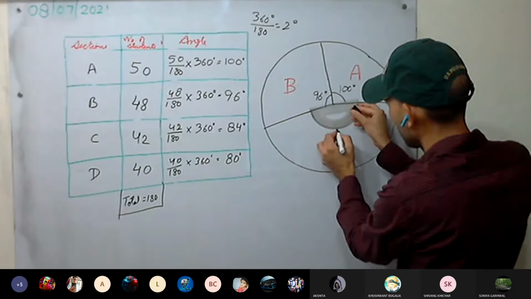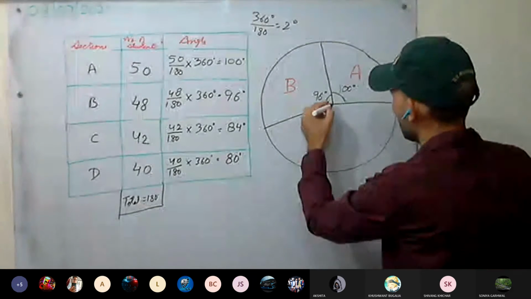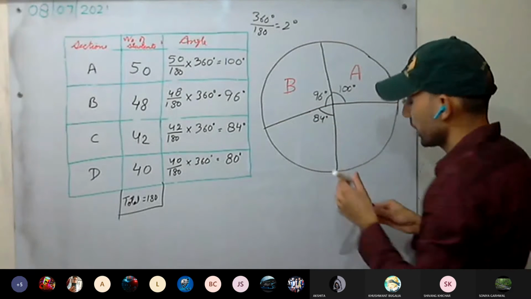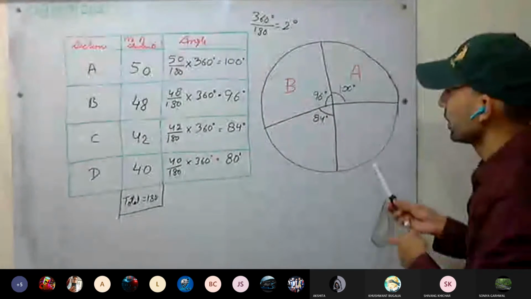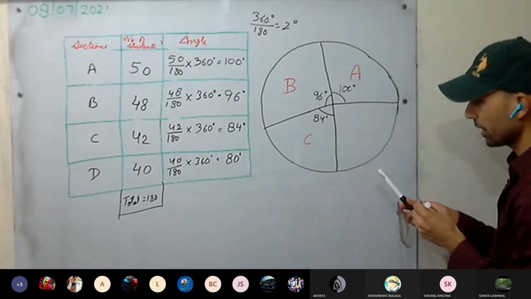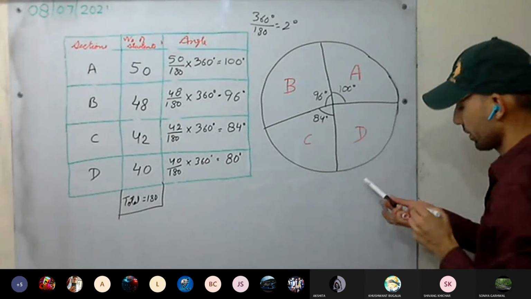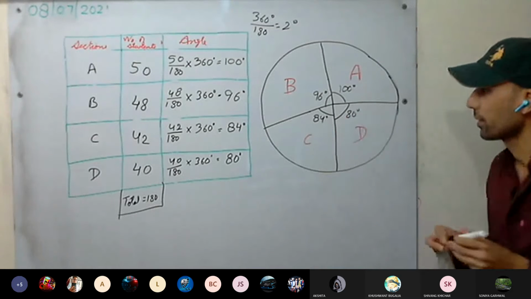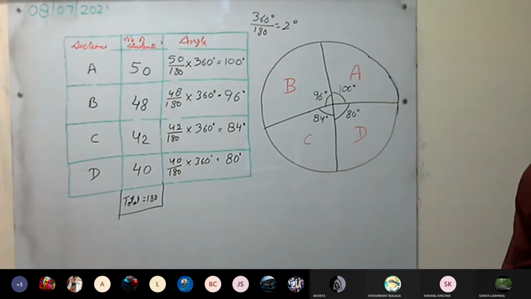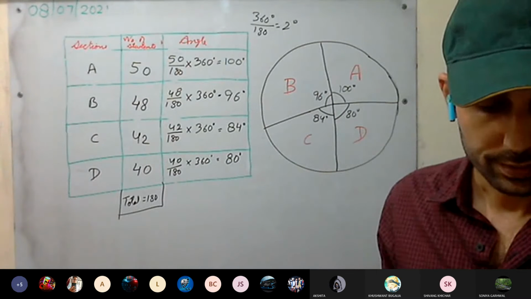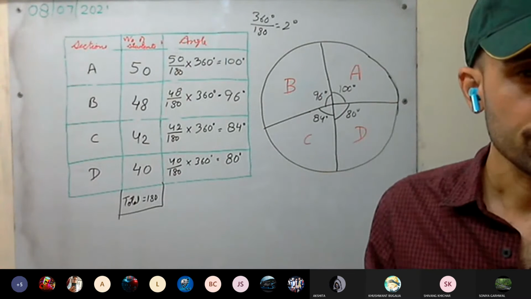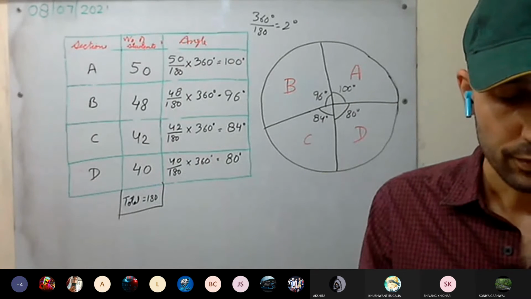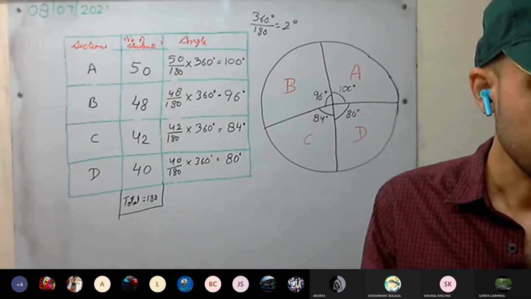Mark 84 degrees. It is section C. Okay. The remaining angle will be section D. And it comes out to be 80 degrees. Understood this one? This is the pie chart. Have you all understood? Okay, then do the next one.